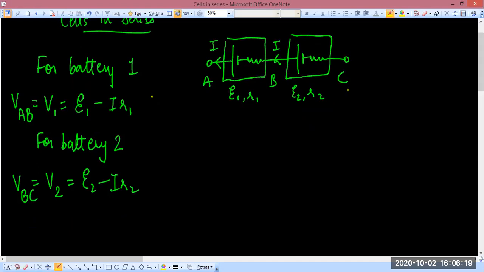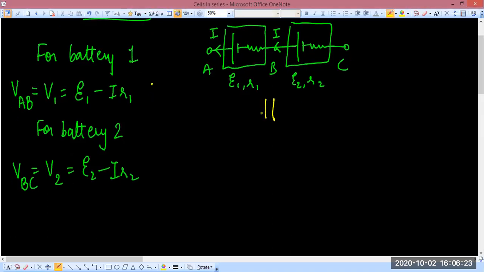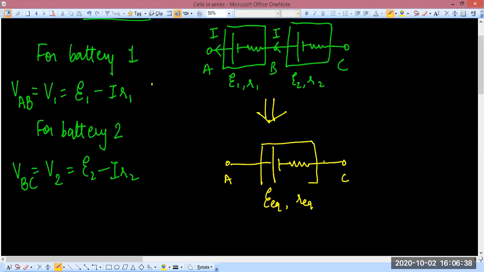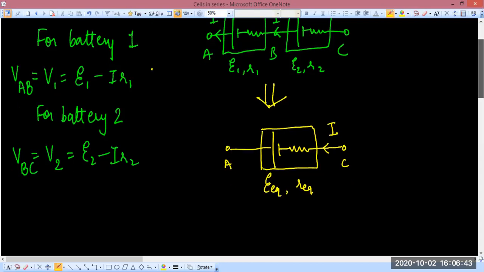So now if you want to replace all of this by only one battery between point A and C, let's say there is only one battery, and that battery is going to be epsilon equivalent and R equivalent. Then the current should be the same, and the terminal voltage should also be the same.